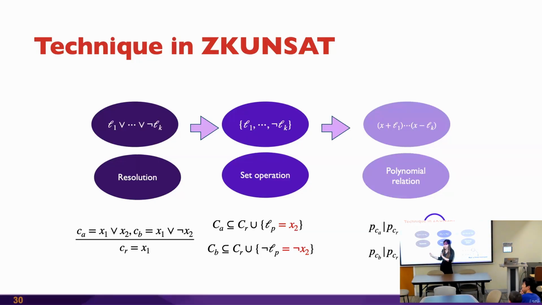For the clause, we don't assign values to the variables. We try to encode this clause using a polynomial. For example, the clause x1 or x2: we don't assign any value to x1 and x2. We just want to represent this clause using some polynomial.